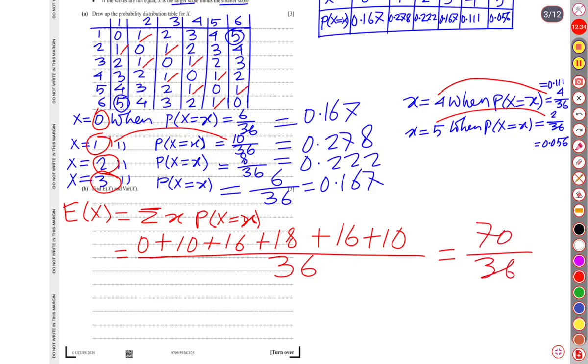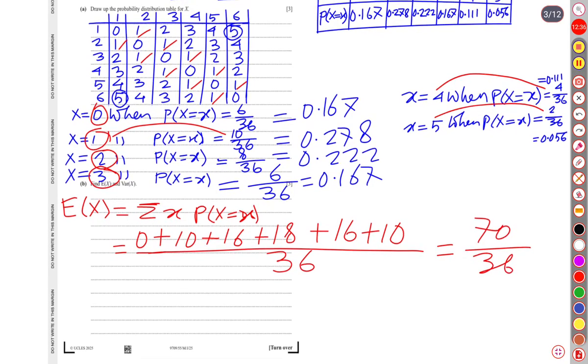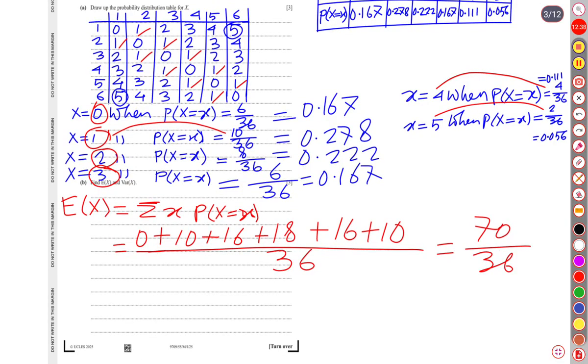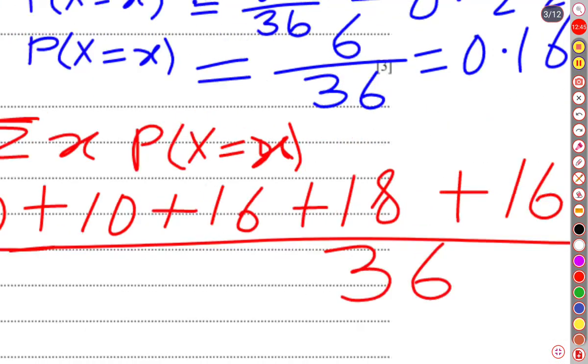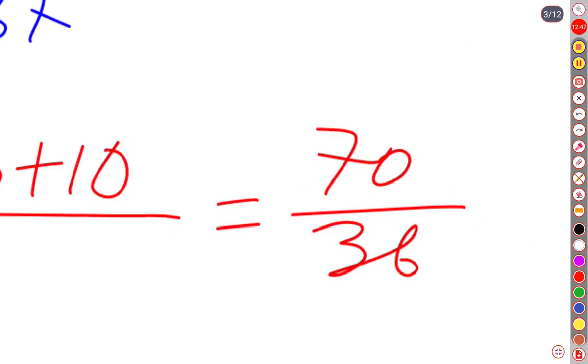If we round it to three significant figures, in decimal form, 70 divided by 36 is equal to, let us use our calculator, 1.94. 1.94 is our mean value.